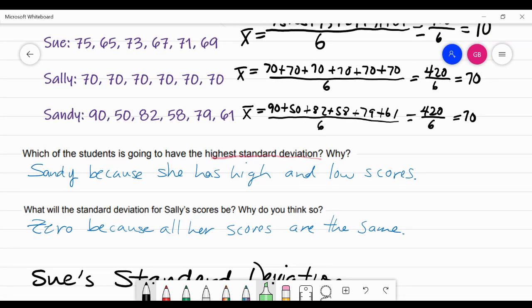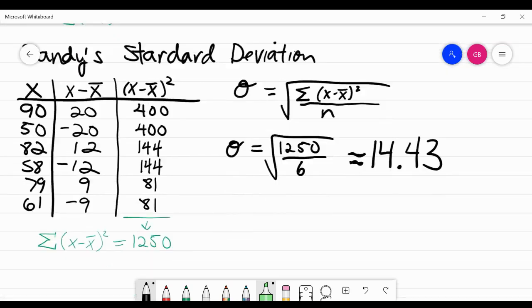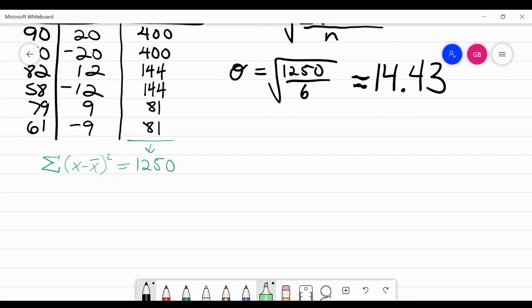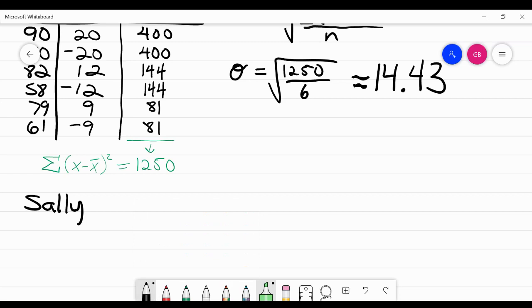Last thing I want to show you. Okay. We predicted that Sally's standard deviation was going to be 0. So let me just show you what that looks like if we actually try to calculate it out. Okay, so Sally's standard deviation.